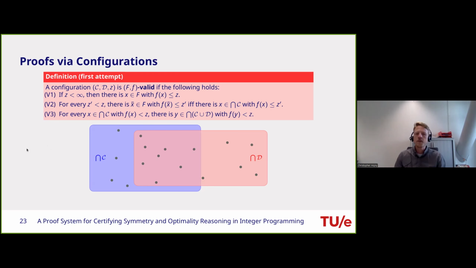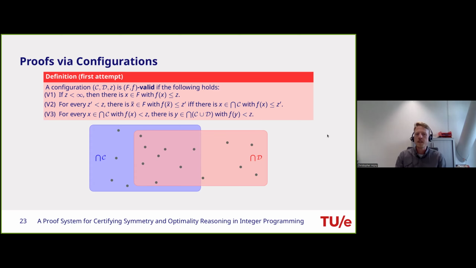And the third property says that the derived constraints are not allowed to be too restrictive, meaning that when I take a feasible solution x that satisfies all the core constraints with an improving objective value f of x, then I also need to be able to find a solution y that satisfies both the core and the derived constraints, and which also improves upon the objective value z.